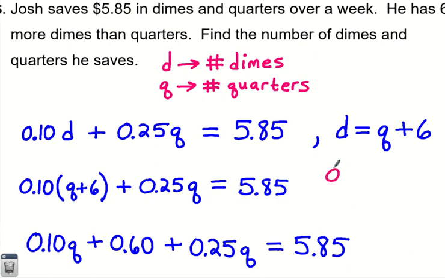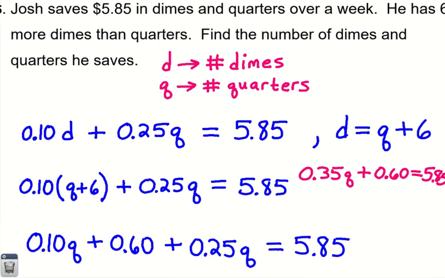So that makes 0.35Q. Then there's that plus 0.60, and it's going to equal, oh my gosh, 85. This is embarrassing.